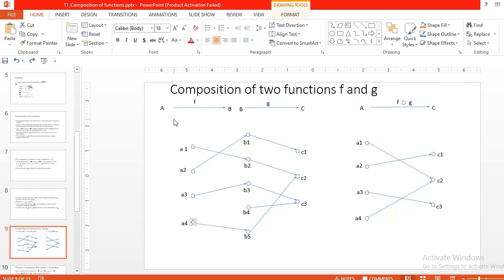Then and only then can we make the composition from A to C. So keep this in mind: the range and domain of these two functions must be common. Then and only then can we get the composite function.